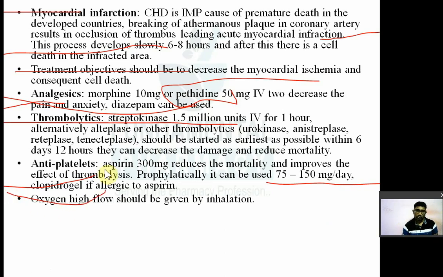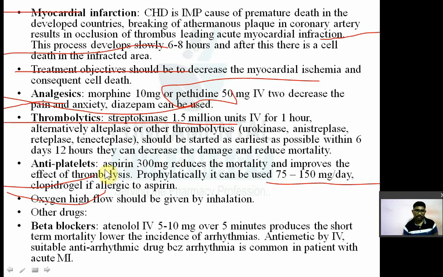Now oxygen in high flow you have to give to the patient so that you can save the patient; oxygen with high flow should be given by inhalation. Other drugs used in myocardial infarction treatment are the beta blockers.